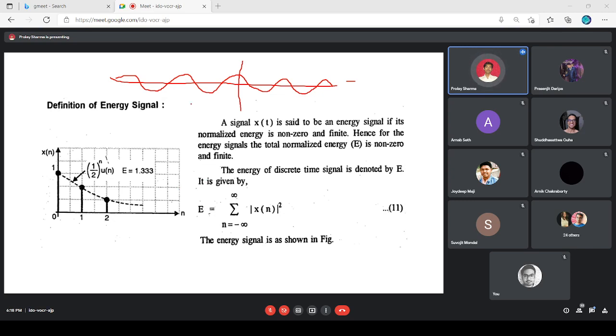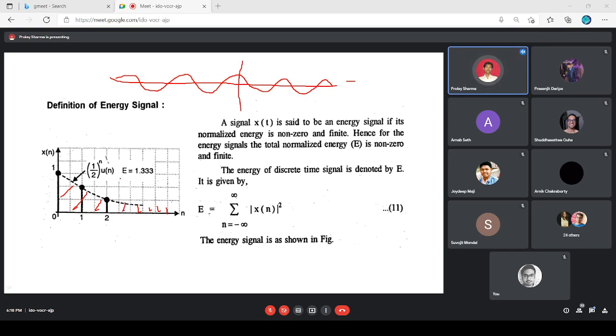Suppose this is a signal. You see that here the amplitude is going down, and after some time it tends to zero. That means the area under this curve will be a finite value. This is the energy signal, and if the energy is infinite, then the signal will not be called an energy signal.